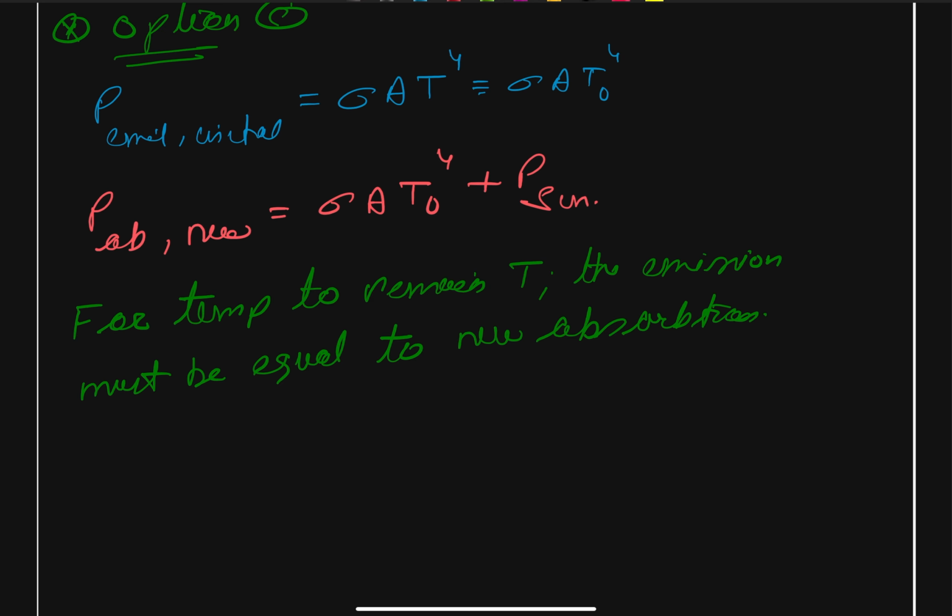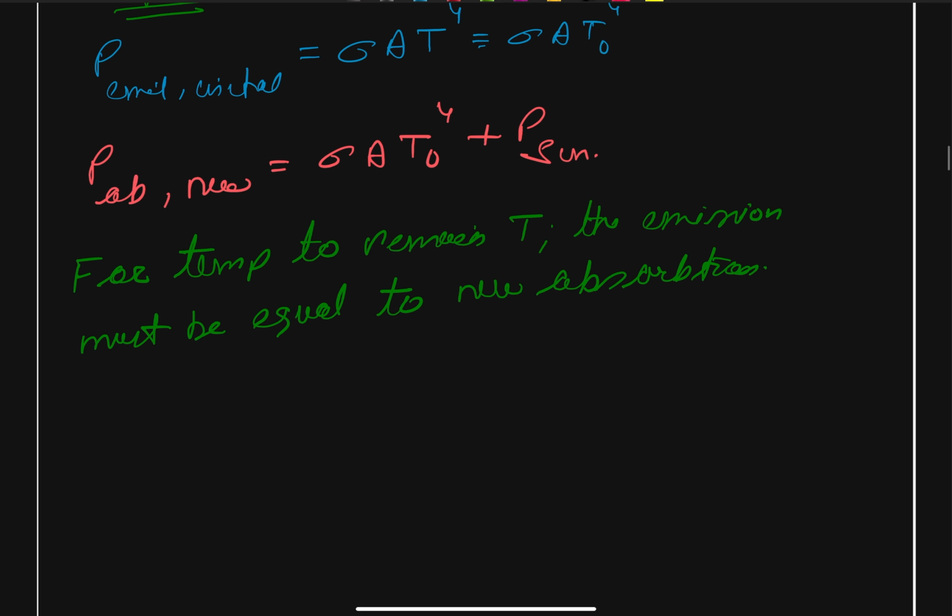Therefore, we can further write that our P emit nu will be equal to our P absorption nu, which is given as A T0^4 plus P sun.